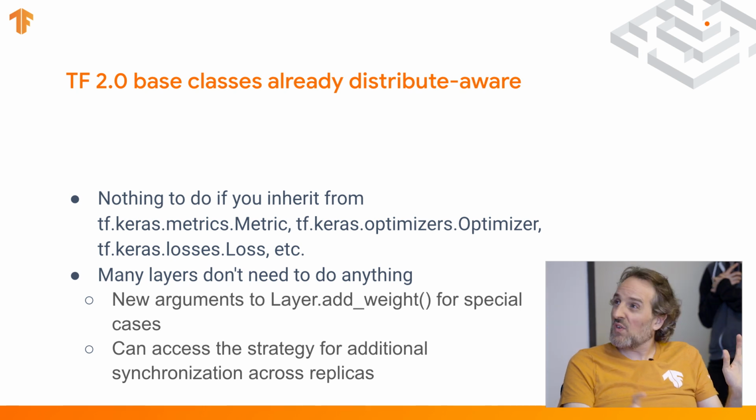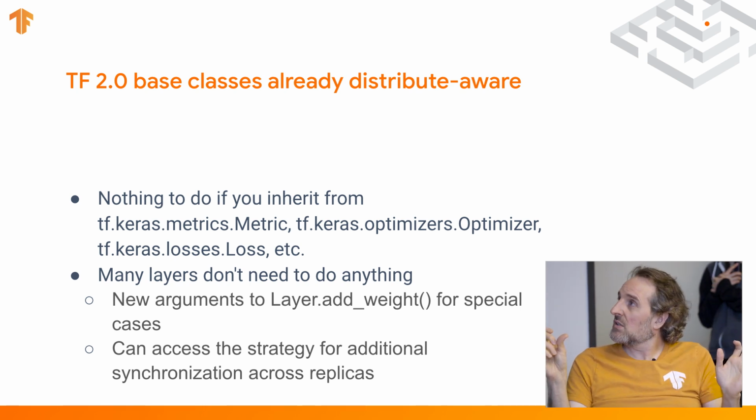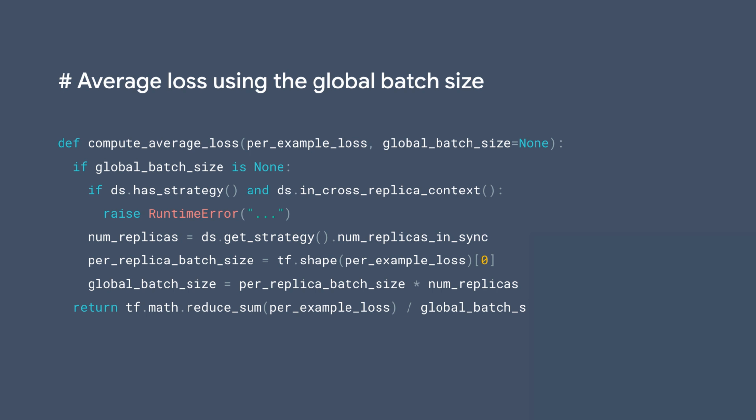But first, I'm just going to explain the implementation. For losses, we provide helpers for per example and regularization losses that are distribute aware. If you can supply the global batch size, there is no actual need to do anything distribute specific, and we can just scale the loss by the value that is constant for all batches, including the last partial batch, and weigh each example equally.